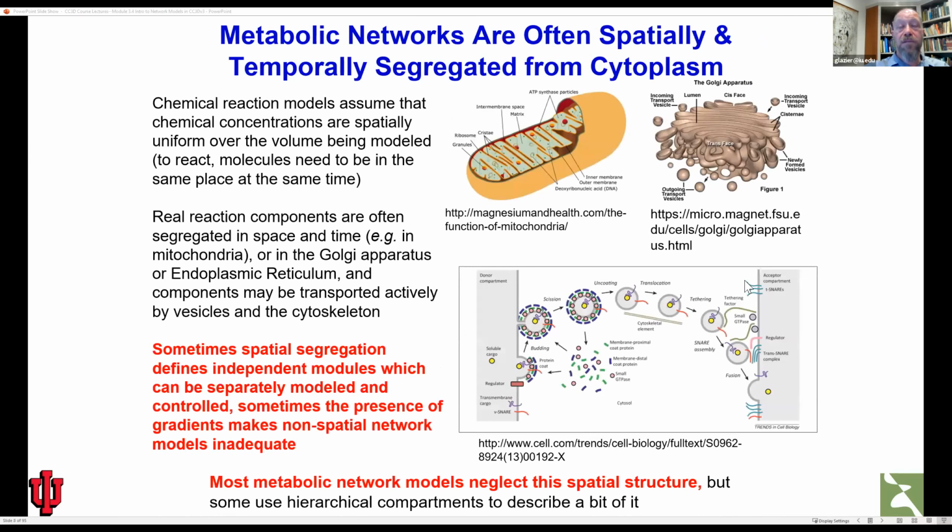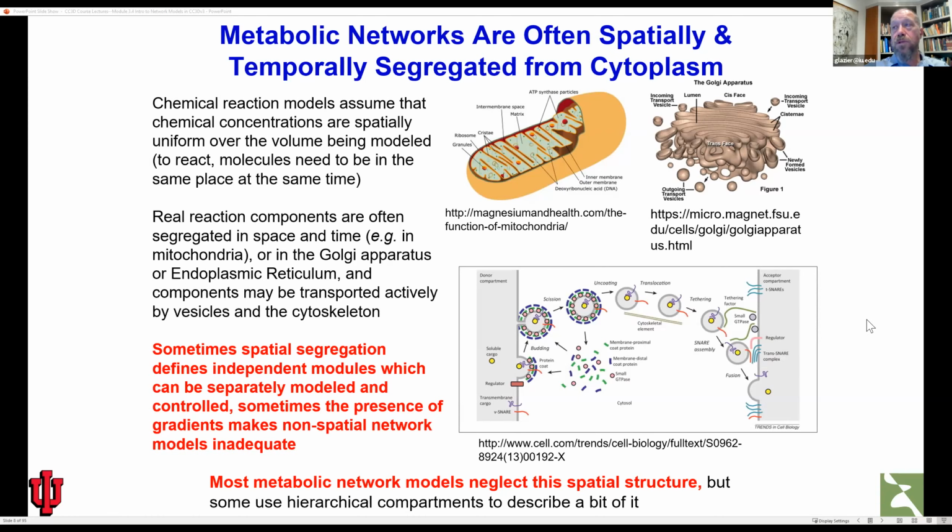Now, in reality, life is more complicated. Metabolic networks are usually segregated in space. And within the cell, there are all sorts of complicated structures like the endoplasmic reticulum and the Golgi apparatus, which subdivide the cell into compartments.